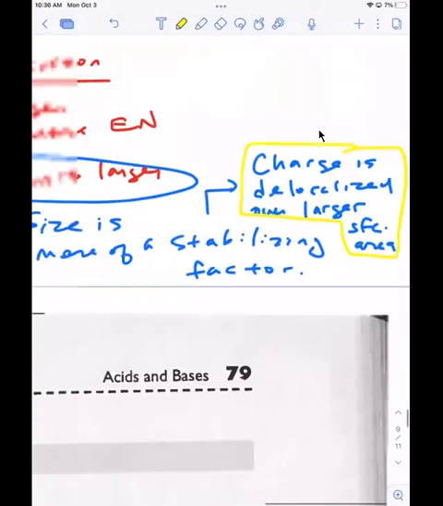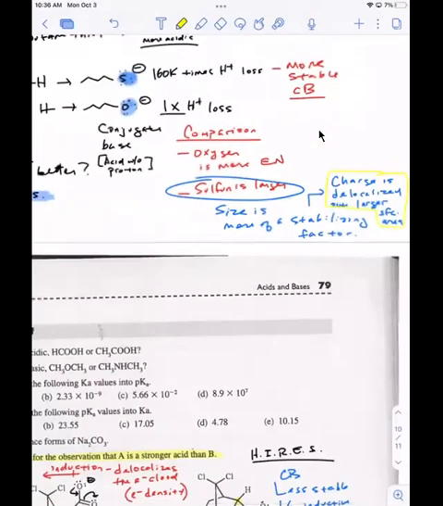That factor by itself is the reason why butanethiol is a better acid than butanol, because once you get to the conjugate base, the charge on sulfur is stabilized because it's spread out over a bigger atom, which offers more surface area, as opposed to oxygen, a smaller atom, where the charge is more localized.